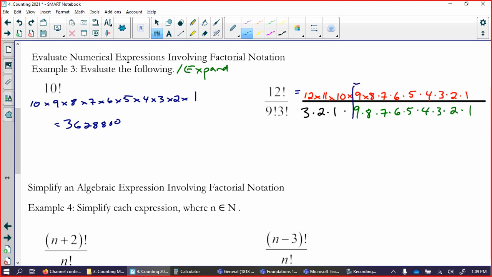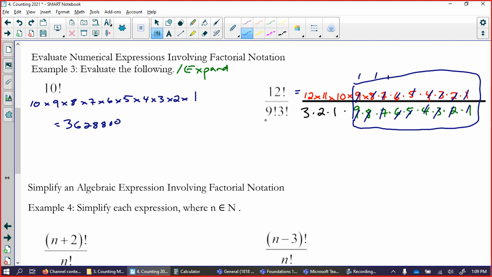When we work with factorials, what does that whole big mess equal? 1. Because what's 9 divided by 9? That becomes 1. 8 over 8 becomes 1. 7 over 7 becomes 1. All of these cancel out.